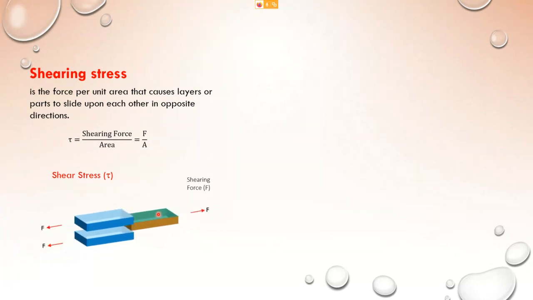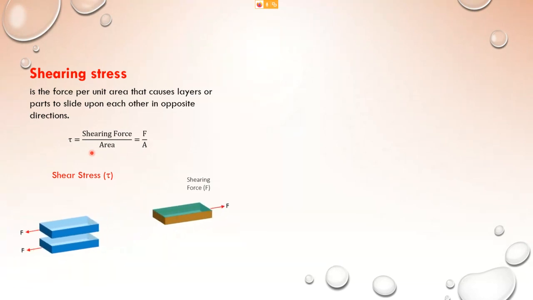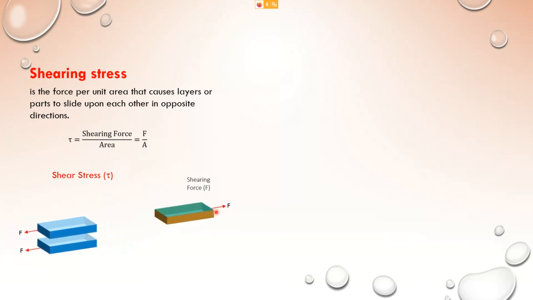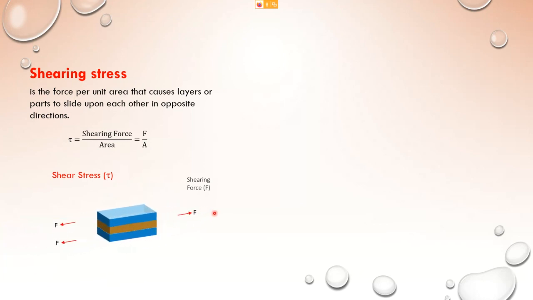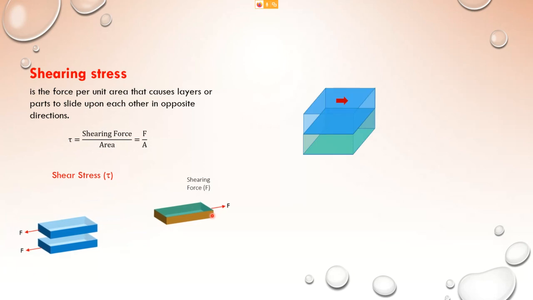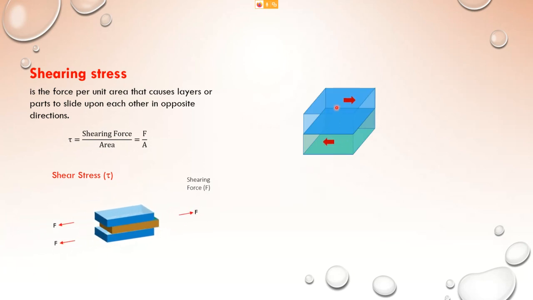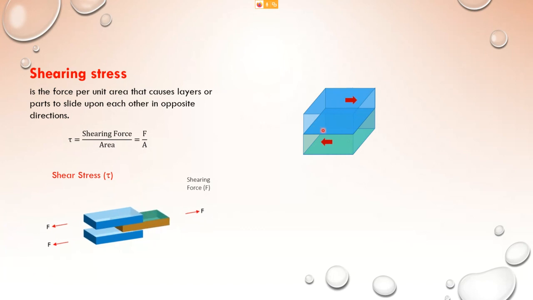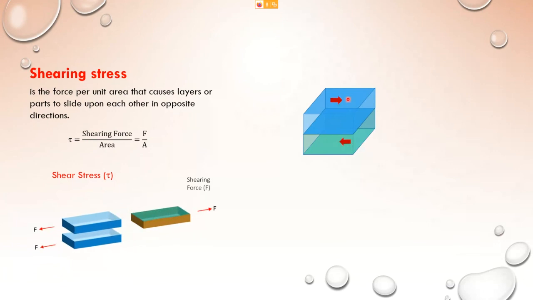So the area that you consider for shear stress and the area that you consider for direct stress are different. For direct stress, the area has to be 90 degrees. For shear stress, the area has to be parallel or adjacent to the direction of action of the force. These tangential forces are moving in opposite direction.